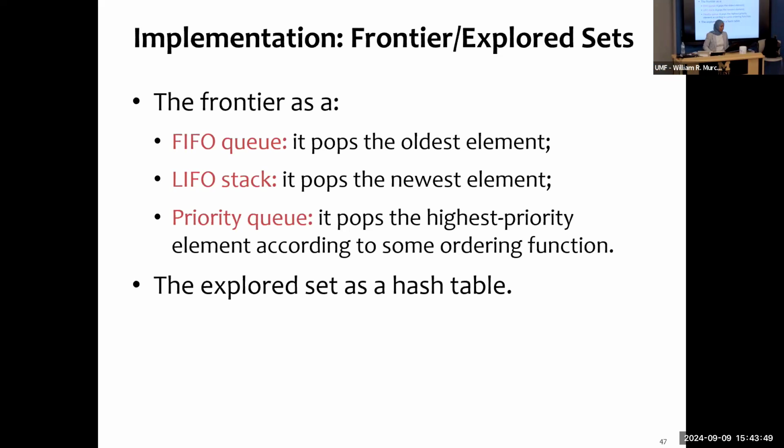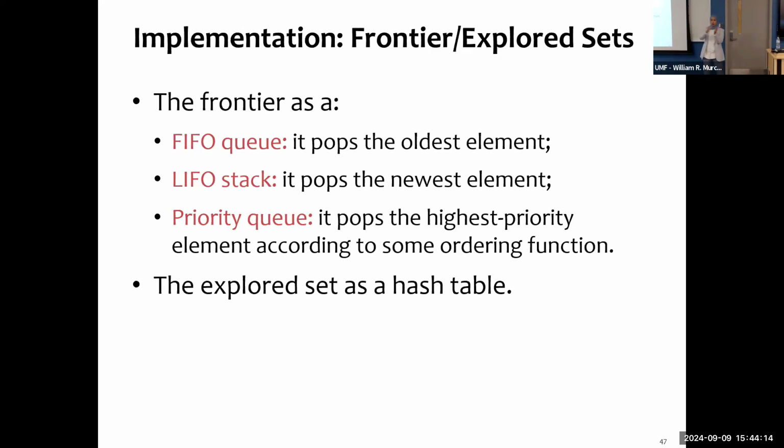Okay. Next, we have this data structure that is going to store the explored elements, and this is going to be represented as a hash table. If you are not familiar or you forgot, a hash table is a kind of representation that tells you, for a given node, whether it is visited or not.